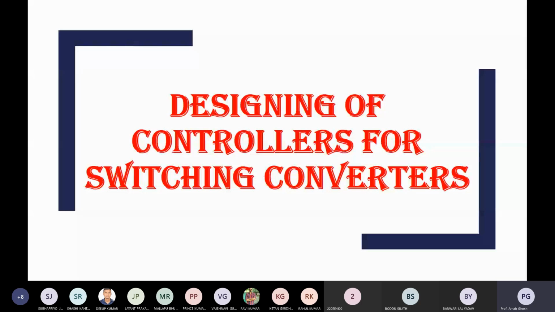So if you know the ZN method, Ziegler-Nichols method, you can understand that when you are designing a PI or PID controller, in the Ziegler-Nichols method you have to find out the converter slopes.